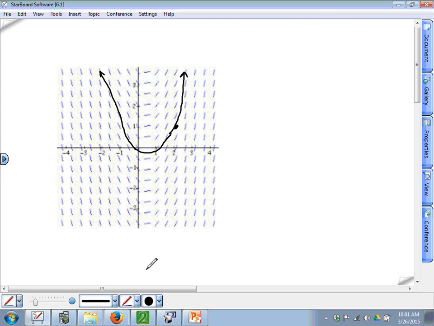You can use the slope field to sketch a particular solution by following the slopes. We wouldn't be able to come up with the equation; we would just have the estimate using the slope field. So this is what you guys would be expected to do on your homework: given a point, estimate the solution by following the slopes through those points. That's about it. You would never be expected to draw all of these little slopes. Pretty easy.